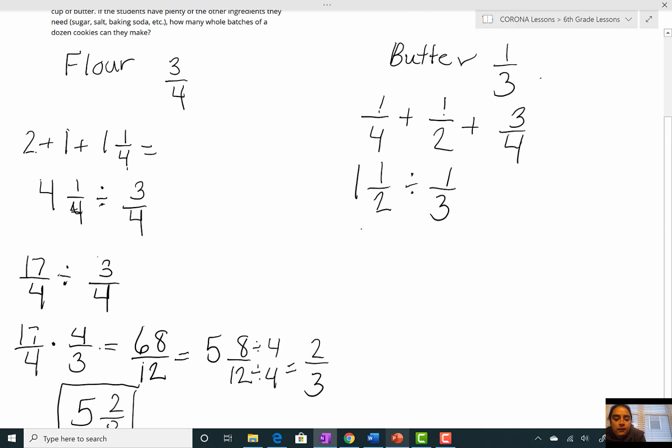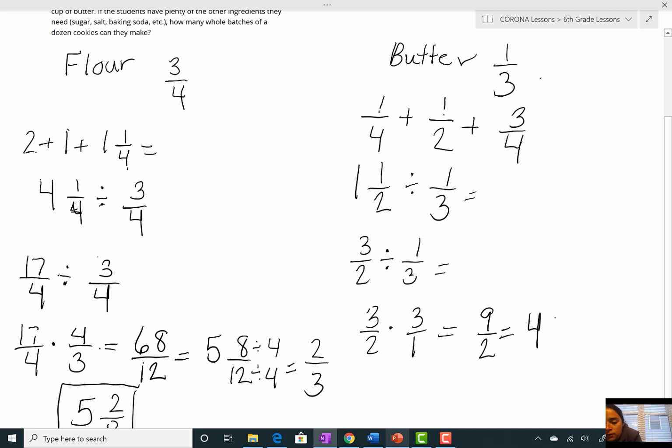Now, let's go back up here to the butter. I have 1 1/2 as an improper fraction is 3/2 divided by 1/3. Take the reciprocal. 3/2 times 3/1. It's 9/2. This gives me 4 wholes and 1/2.